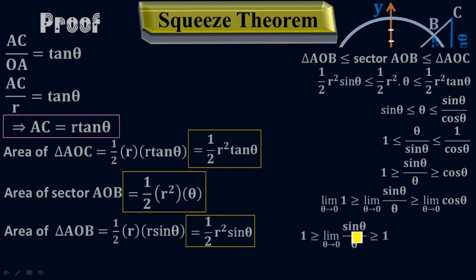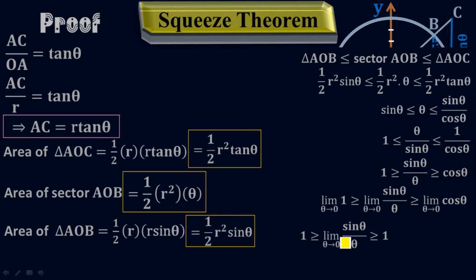If your mind is still not very clear, just look at this expression and think of it: if this middle function, limit of sine of theta over theta where theta approaches 0, is equal to or less than 1, but on the other end is equal to or greater than 1, there is equality as well. In other simple words, we can say that this middle function has been trapped.